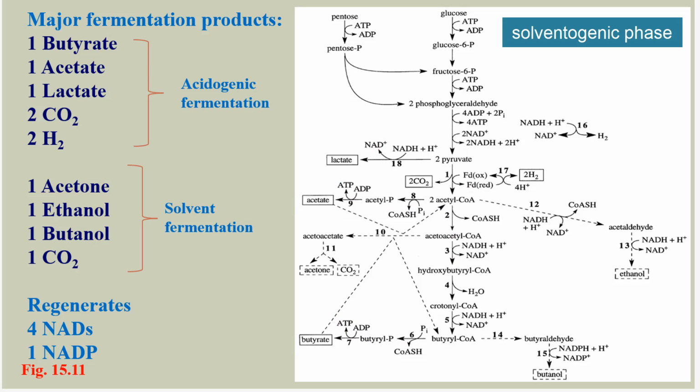Now, in the solventogenic phase, the butyrate and acetate generated from the acetogenic phase are taken up by the cells and reduced to butanol and ethanol. In this process, the acids butyrate and acetate are converted to their CoA derivatives, acetyl-CoA and butyryl-CoA, by accepting a CoA from acetoacetyl-CoA.